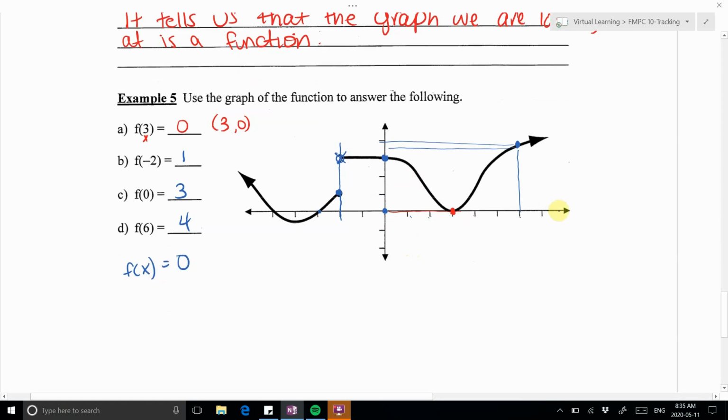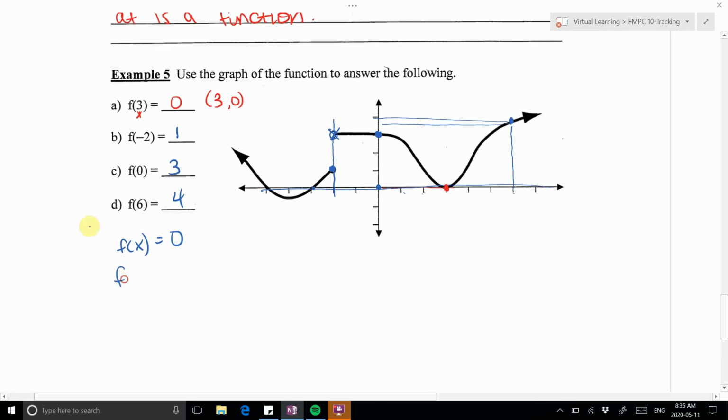So here, that's the y value 0. Now, the tricky thing with our y values is that you can have multiple x values. So we could have f at negative 5 is 0. F at negative 3 is 0. And f at positive 3 is 0.